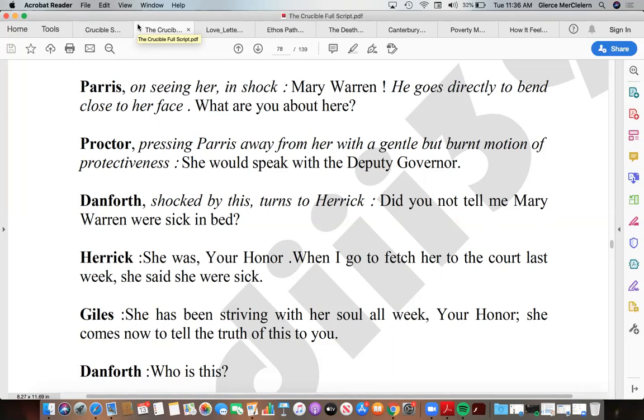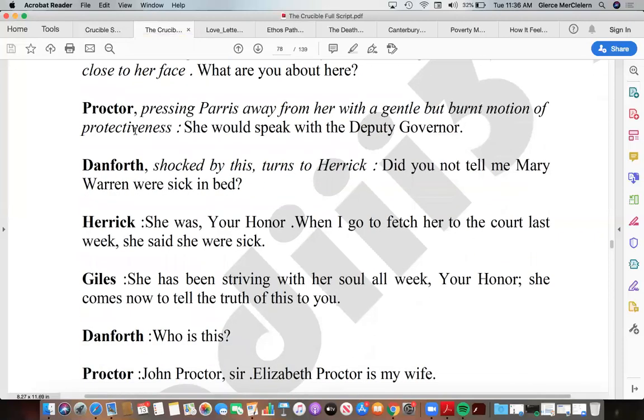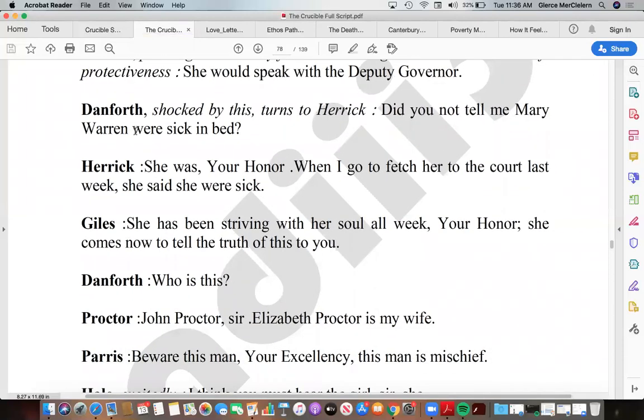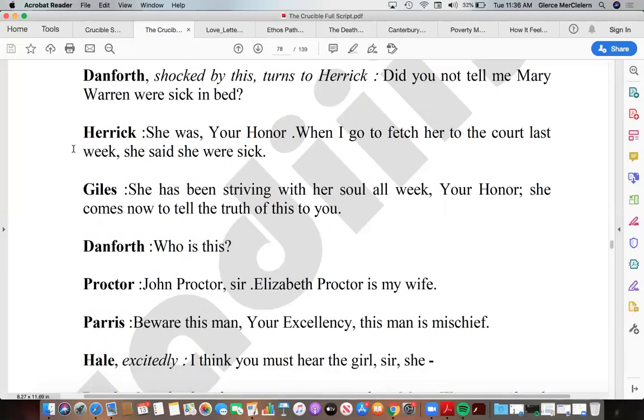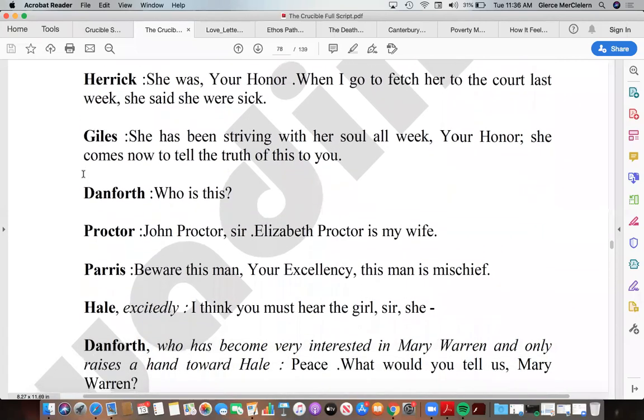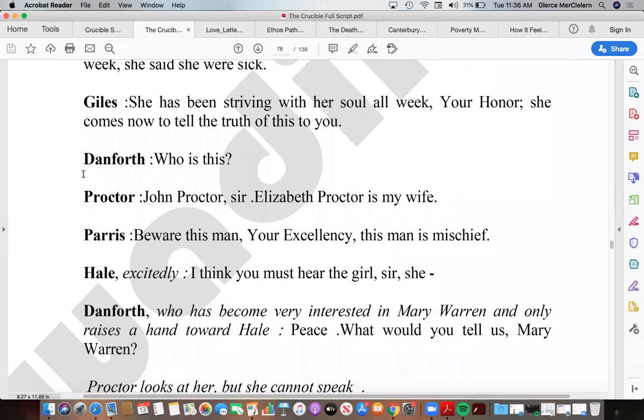She would speak with the deputy governor. Now it's your turn, Randall. Did you not tell me Mary Warren were sick in bed? Was, Your Honor. When I went to fetch her to the court last week, she said she was sick. Your Honor, she comes now to tell the truth of this to you. Who's this? John Proctor, sir. Elizabeth Proctor is my wife.